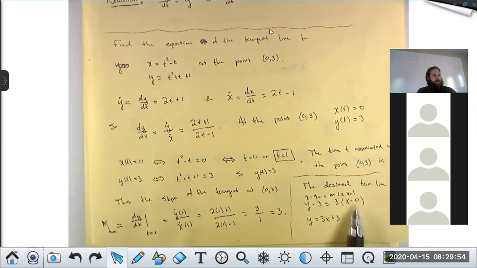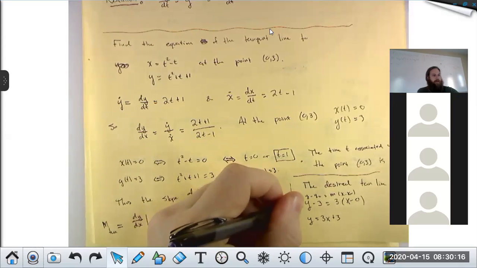So I plugged in 0 for x naught, 3 for y naught, and then 3 for m also, because that was the slope of my tangent line. And then I just simplified, right? So y minus 3 equals 3 times x minus 0. Well, x minus 0, that's just x. So this is y minus 3 equals 3x. And then I added 3 over. So I just simplified this line. Okay.